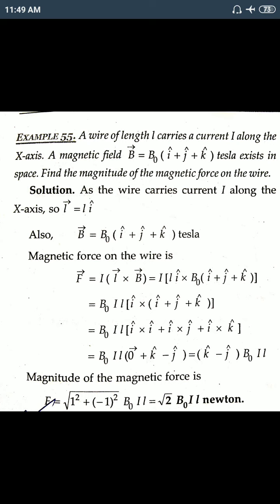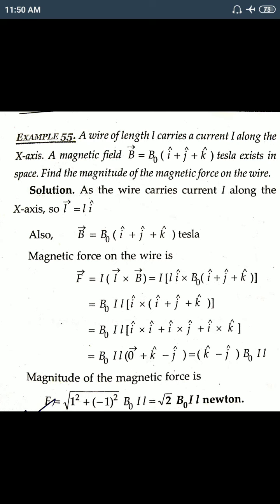We have to find the magnitude of the magnetic force on the wire, that means F. B equals B0 times (i hat plus j hat plus k hat) Tesla. We know the vector form of the formula, because i, j, k are there, so we use F equals I into L cross B. Clear?